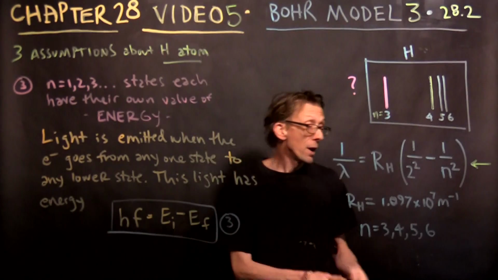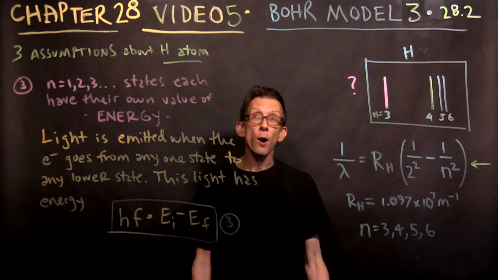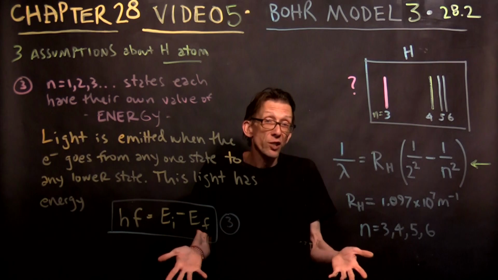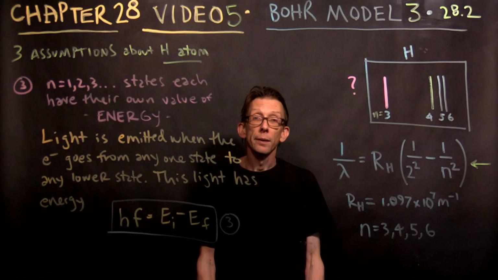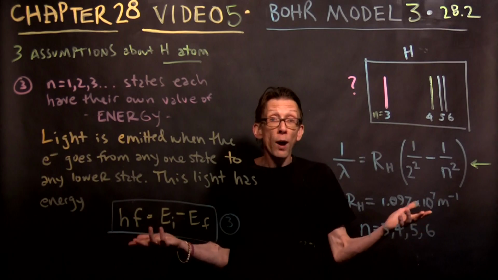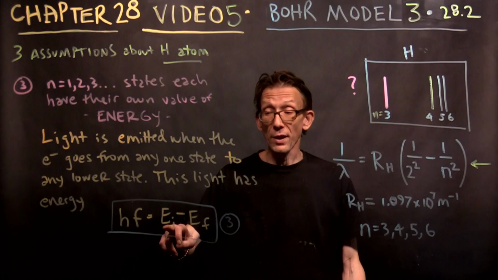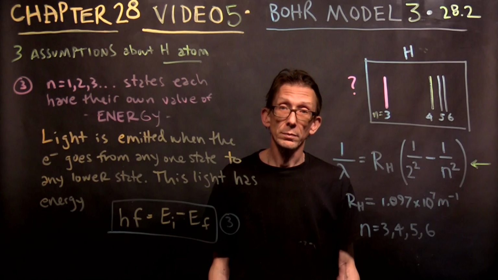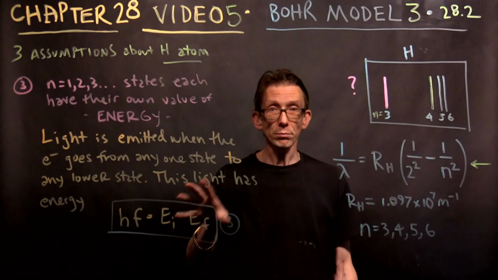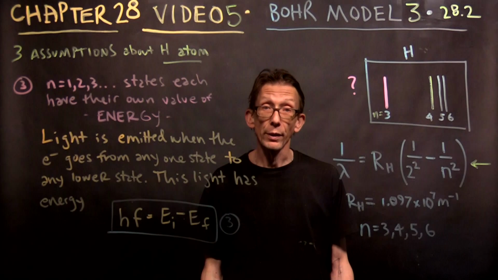So if a given hydrogen atom is in state number 5 and falls down to state number 2, which we'll see later on it tends to do, it will emit light. And that light will not have any old random energy. It will have a very distinct energy, and that energy is given by the difference in the energy of the initial state and the final state. Okay, we'll see this in much more detail in a few lectures from now. But I want you to see this assumption going into the theory.